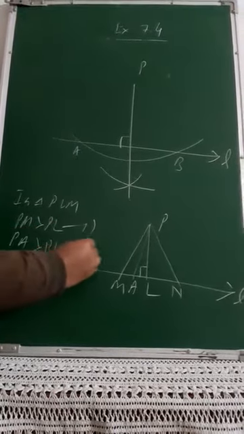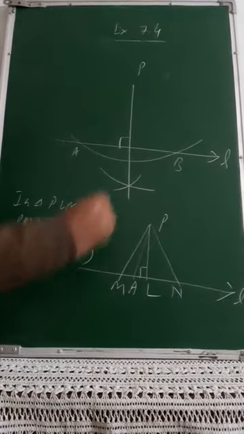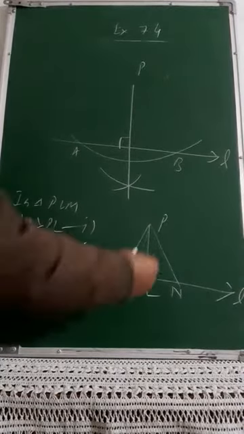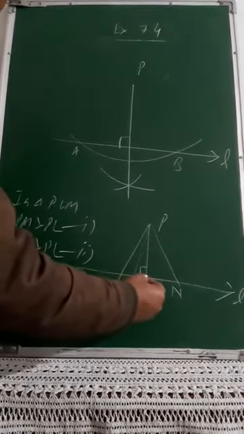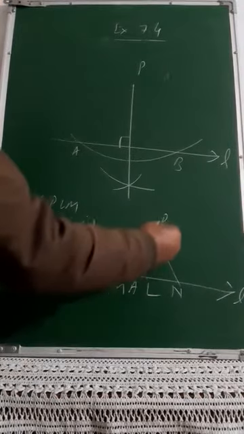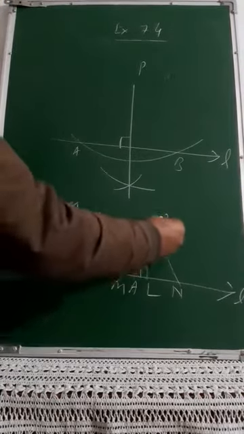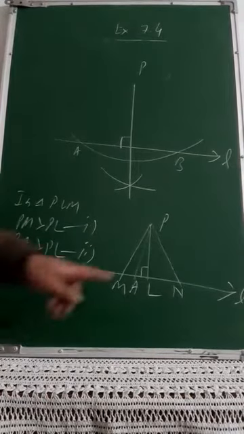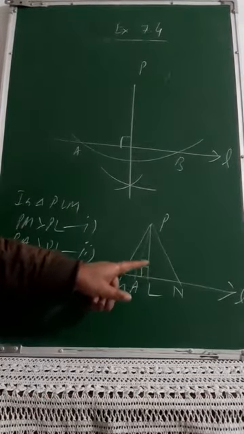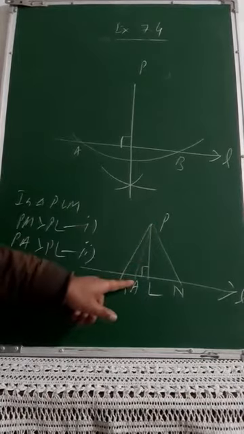This is number 1, this is number 2. Why? If this PA I have drawn, even with a hairline difference, it will be a right triangle. Don't you feel that PAL is a right triangle? And here the vertex is 90, so opposite to 90, the hypotenuse is always there.